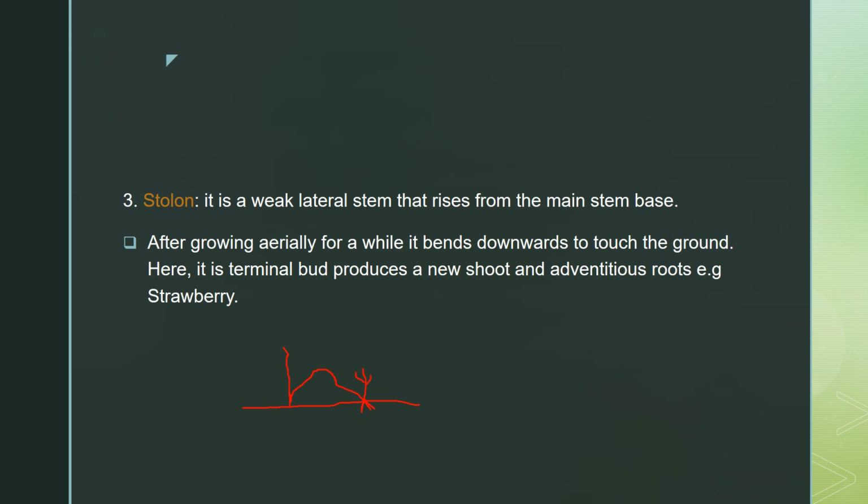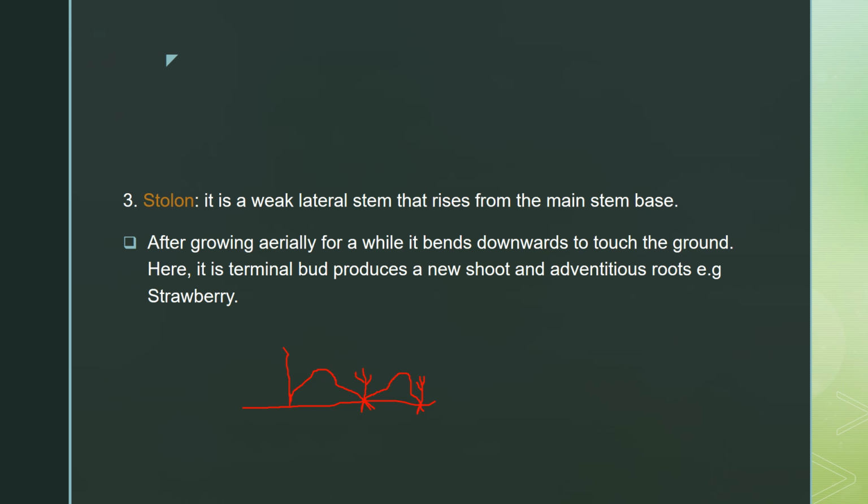Then there is another stolon that rises at the base of the main stem and grows aerially for a while, and then bends downwards to touch the ground, and also the terminal bud will produce adventitious roots and a new shoot, and so on.